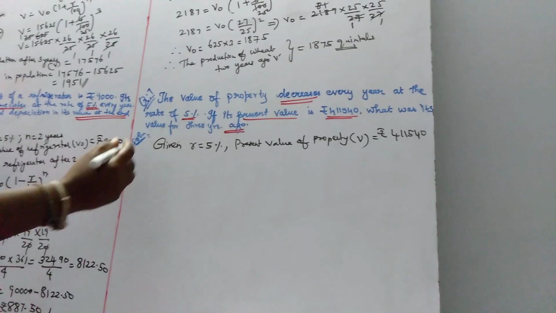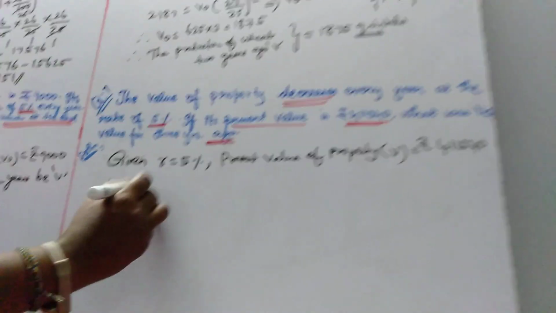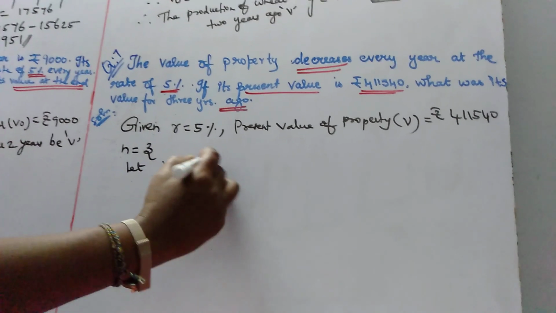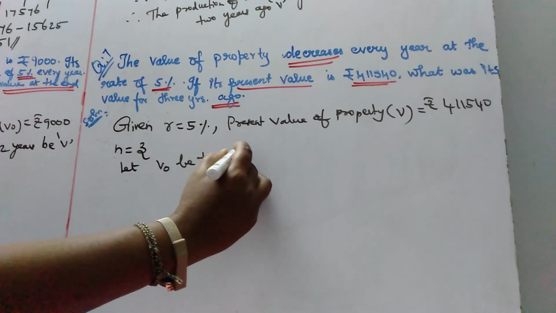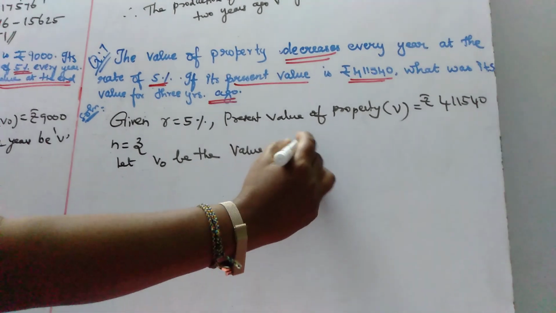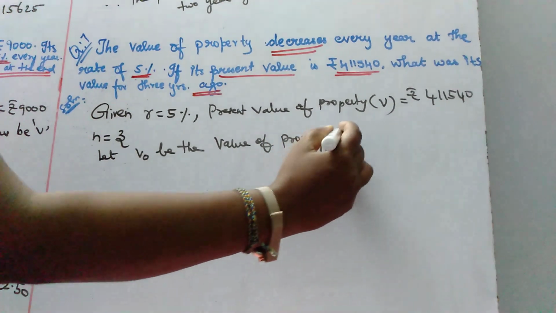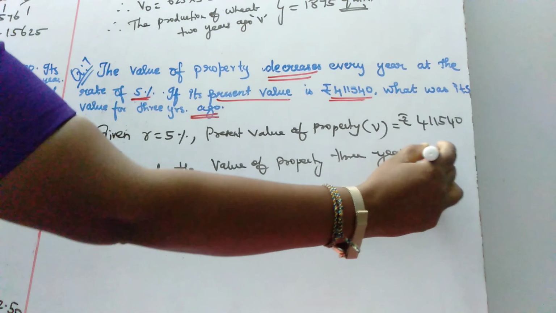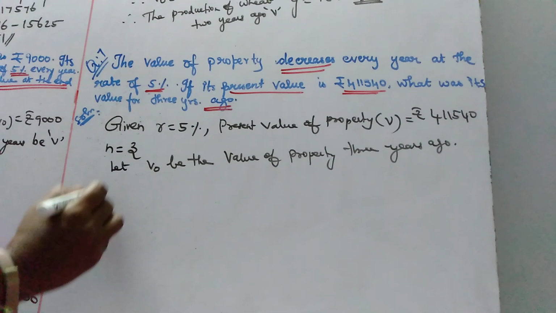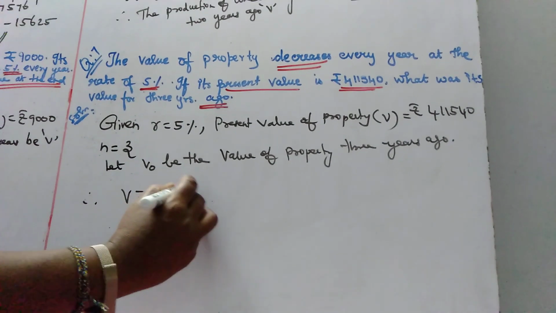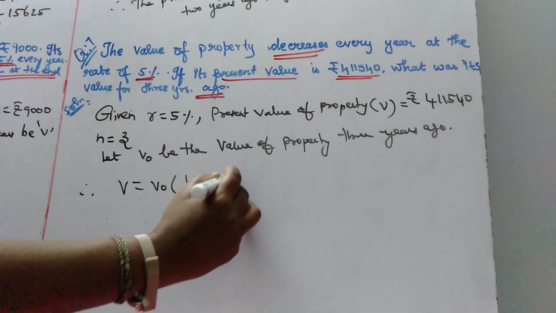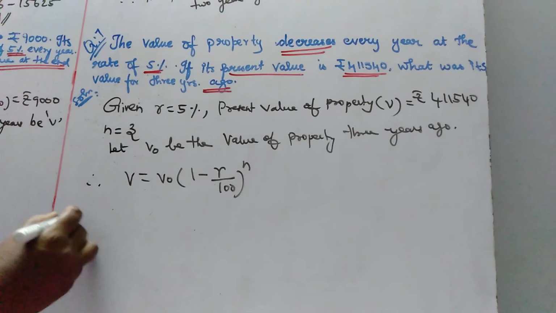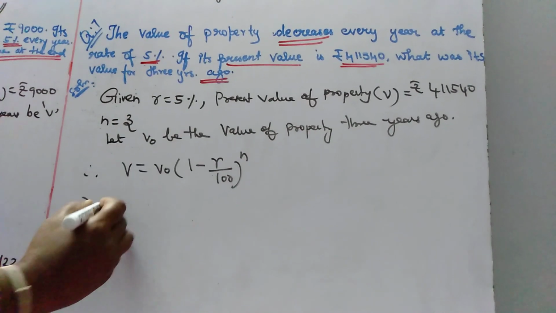Next, N here is 3. Then let V naught be the value of property 3 years ago. So therefore V is equal to V naught into 1 minus R by 100 the whole power N, depreciation, right? So decreases.